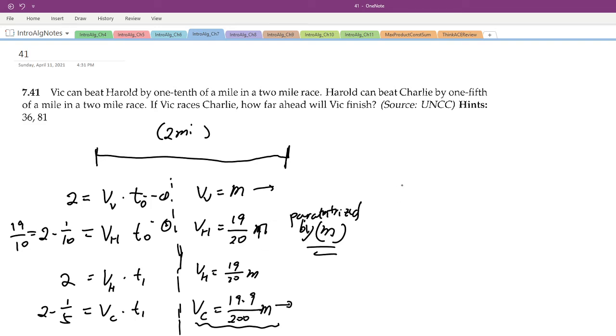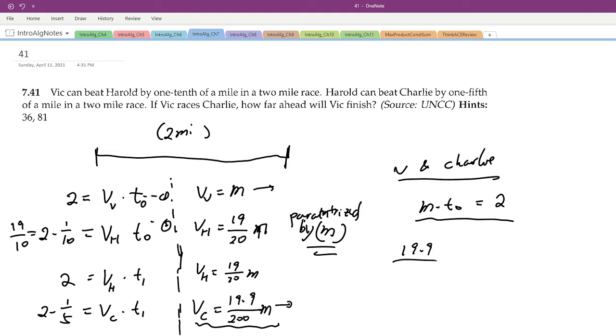So now is the V and Charlie, right? So it takes m times t0 equal to 2, right? This is how fast Vic can finish. Then next is to see how many miles Charlie can travel over that period. So it's 19 times 9 over 200 m times t0, which is equal to 2 times 19 times 9 over 200.